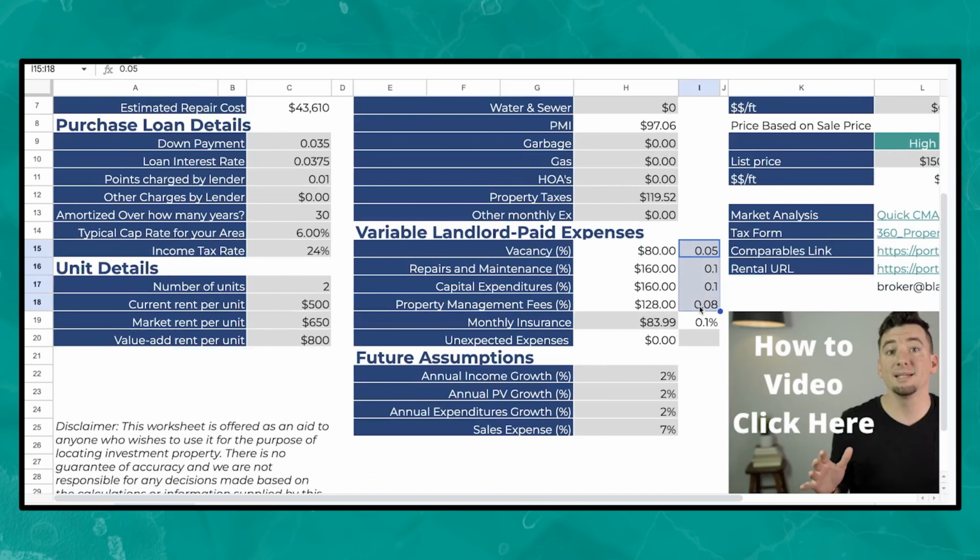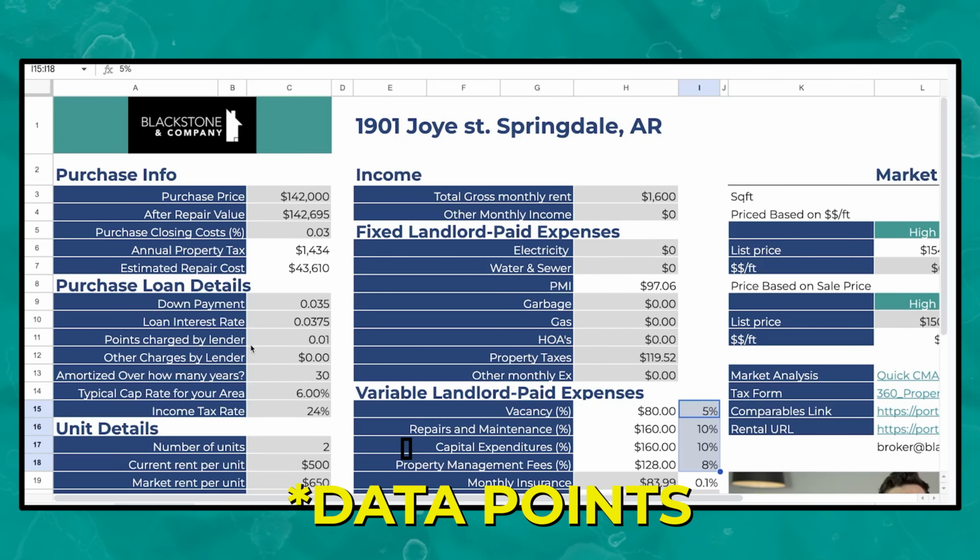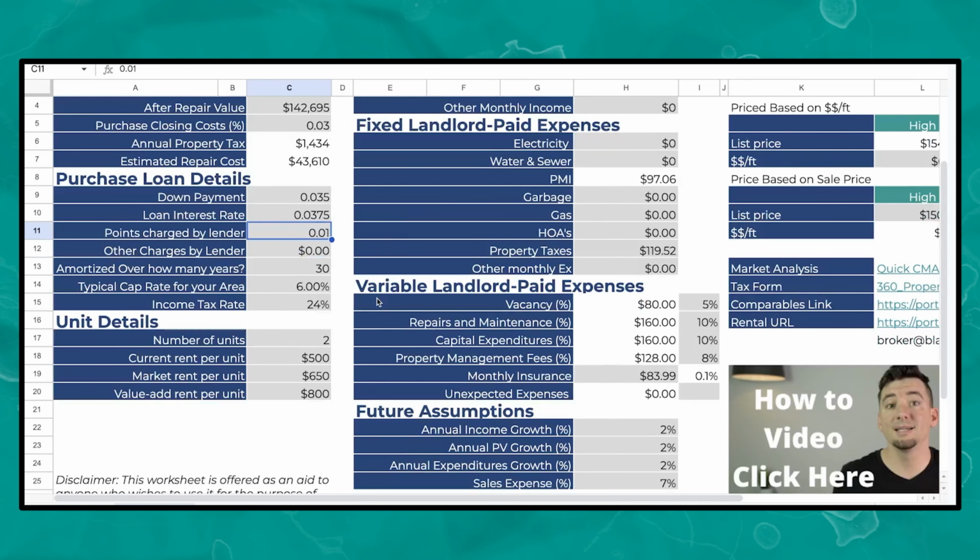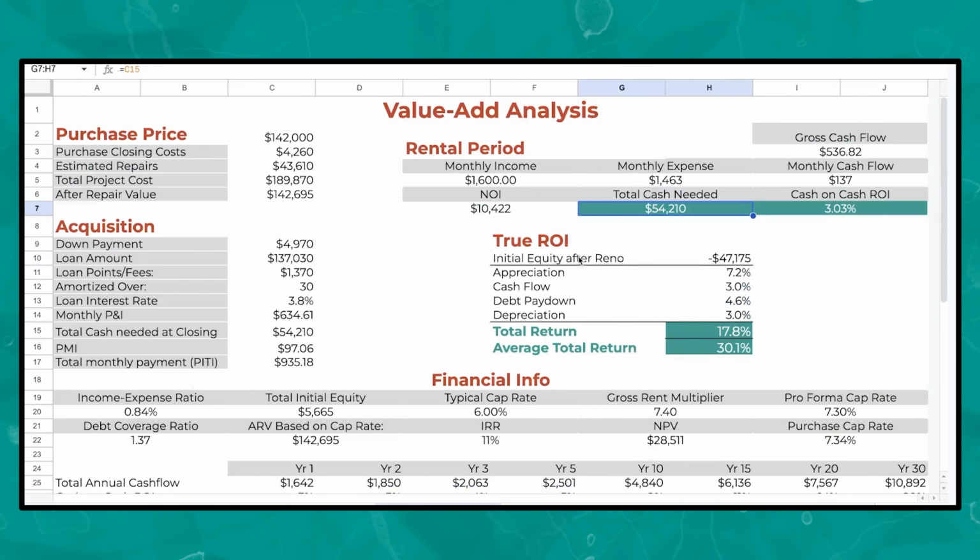Now, these are decimal points, but you can obviously present them as a percentage, right? So that is really the tool, the nuts and bolts of the buy and hold analysis and how to use it. You're going to fill out those formulas here in all the gray boxes, and it will spit out all the information you need to make a decision.